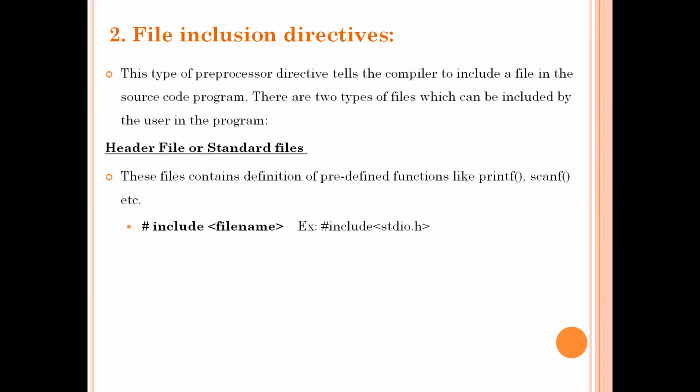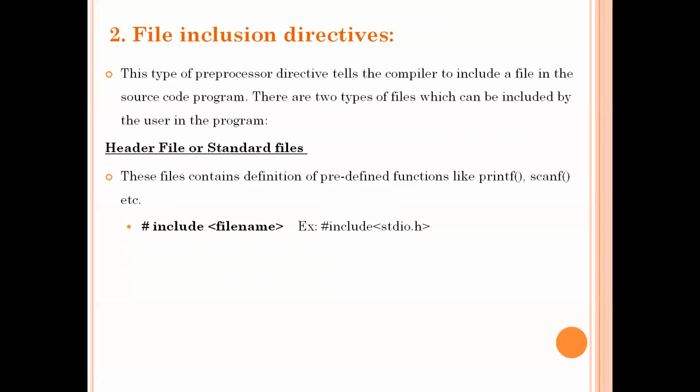So whenever you include the stdio.h header file in your program, before the compilation, the preprocessor directive executes and the code for printf and scanf is attached to your source program. That is the reason why, even if you are not writing definitions for printf and scanf in your source program, it gives correct results. So to include header files or standard library files in your program, we use the #include directive. This #include is one of the file inclusion directives.